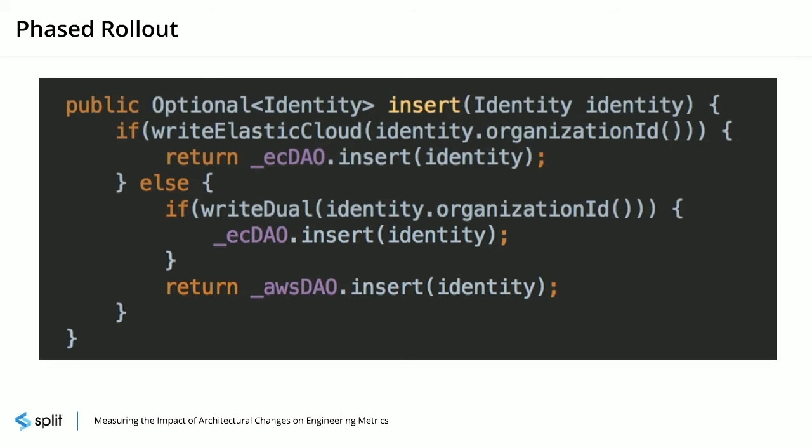This also gives you the ability to safely disable things. And from the perspective of cost, doing those reads against two databases can potentially be quite expensive. And so to avoid that additional work, you can perform those reads on a small fraction of a percent of the requests that you're performing.